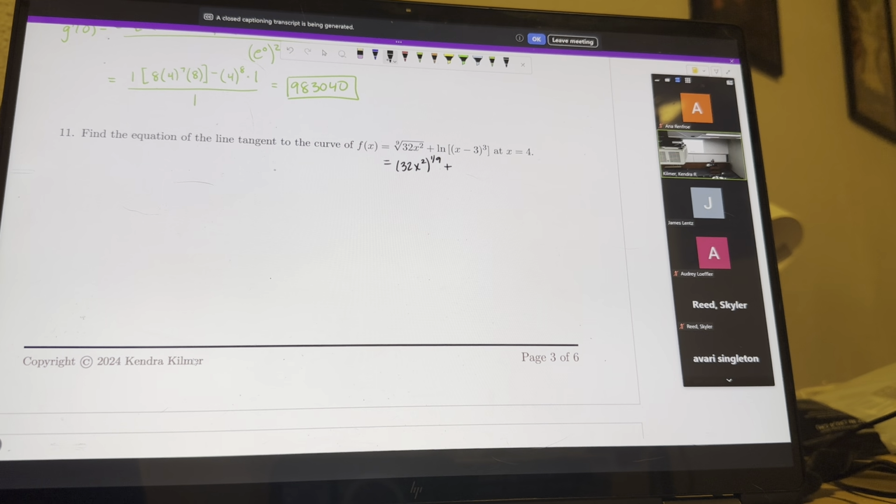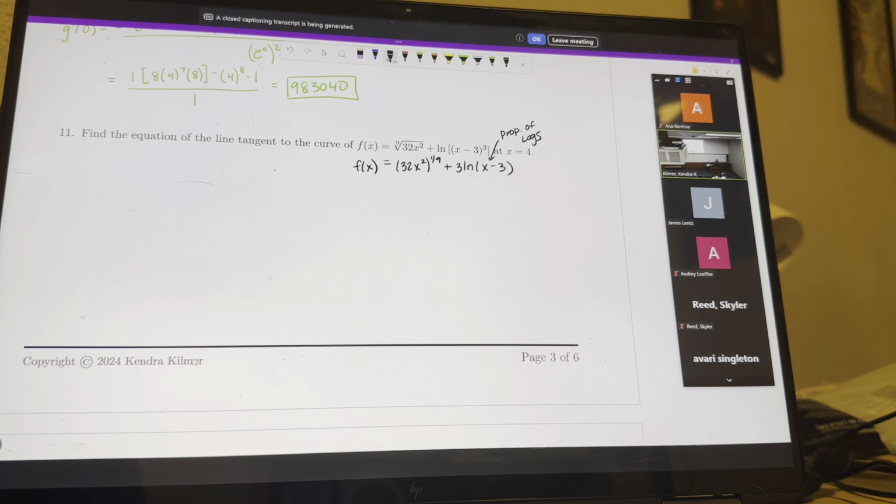And so to avoid having to use the chain rule within the chain rule, we can use our properties of logs. Remember, if we have the entire inside of a log raised to a power, that power can be brought down in front. So 3 times the natural log of x minus 3. Okay, so what we're using here is properties of logs. Okay, so here is our slightly rewritten function.